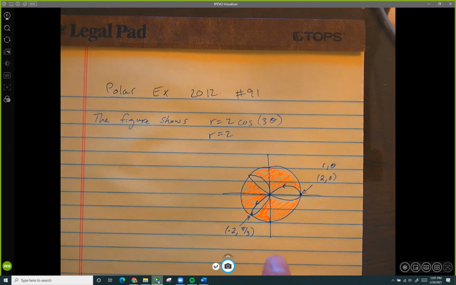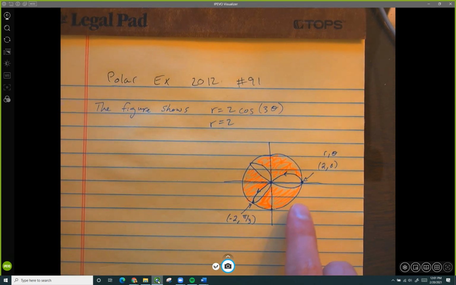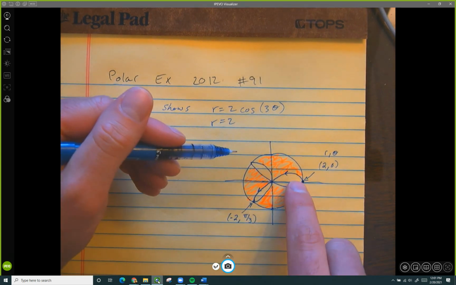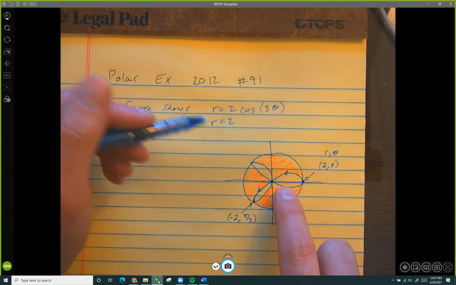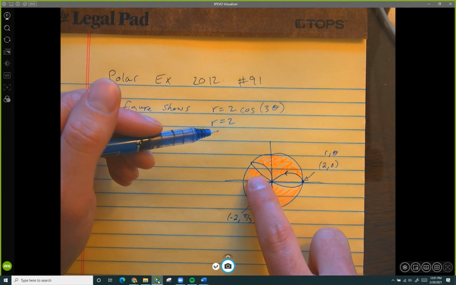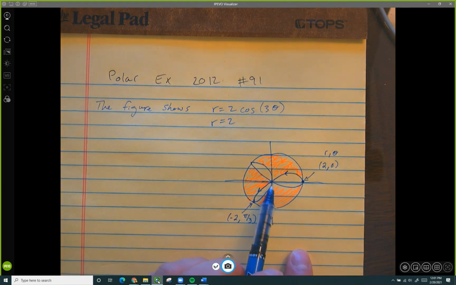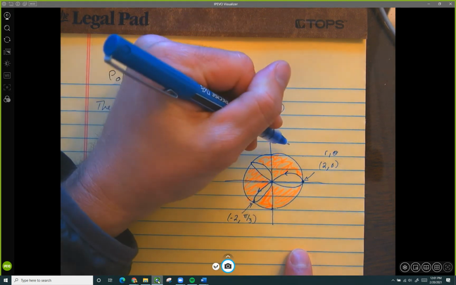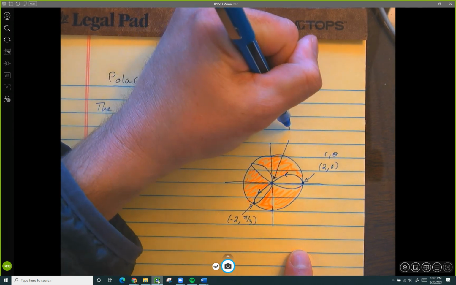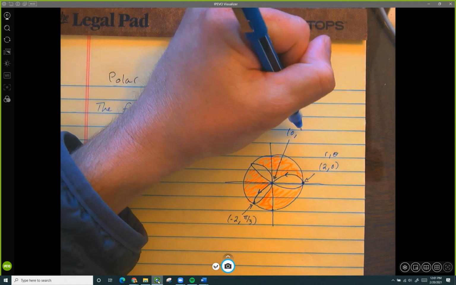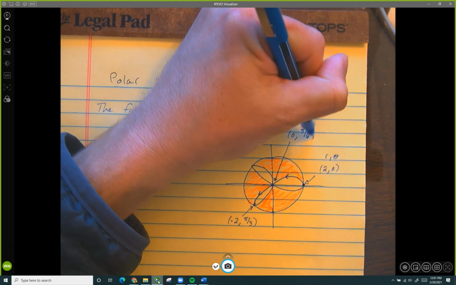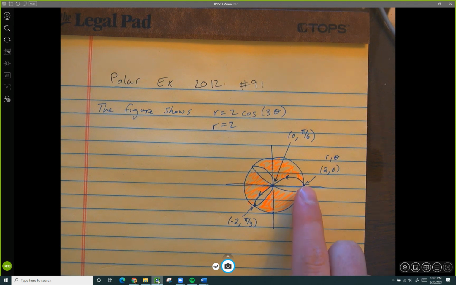Since these are all symmetrical, not only as 3 different things, but as 6 different half things, if I can find the area of this half piece, and this point right here was (0, π/6), I can use that symmetry to find the area of this one little sliver and multiply that area by 6.